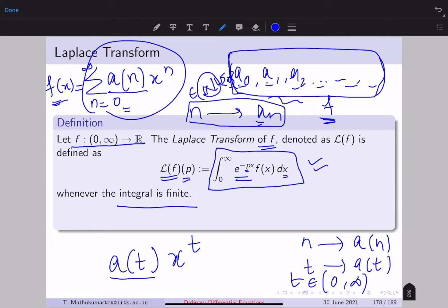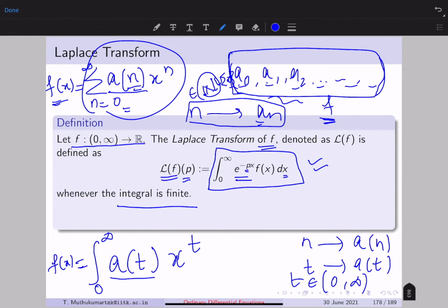You had a discrete sum, so the continuous sum will be an integral, with the domain now the entire positive real line instead of the natural numbers. So now you see this again is a function f of x.